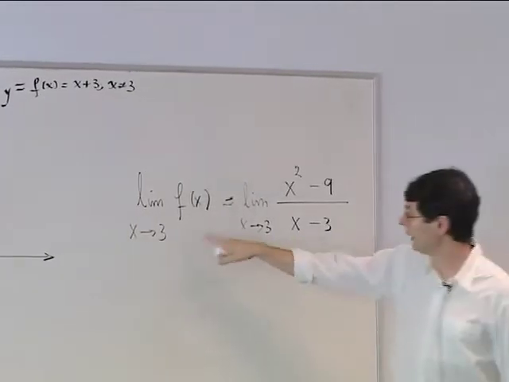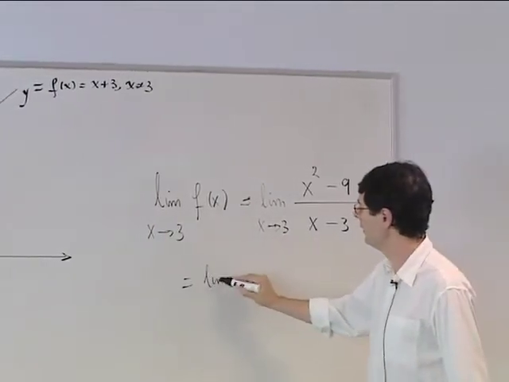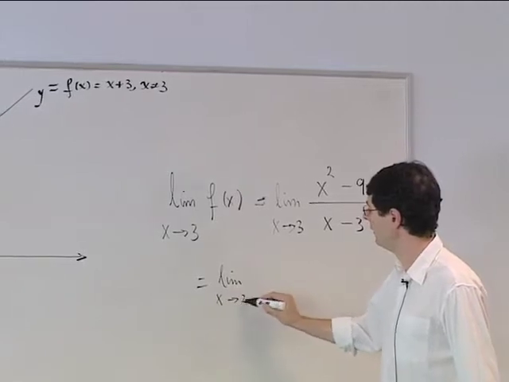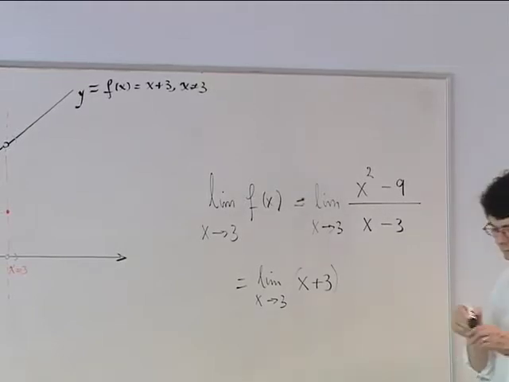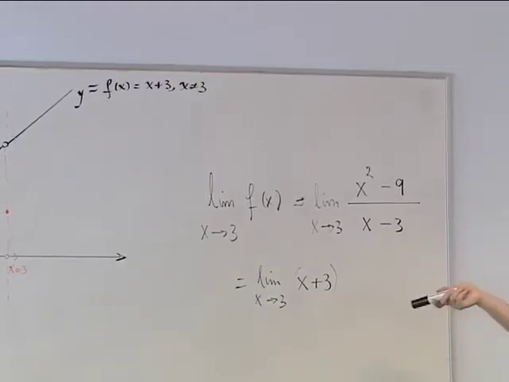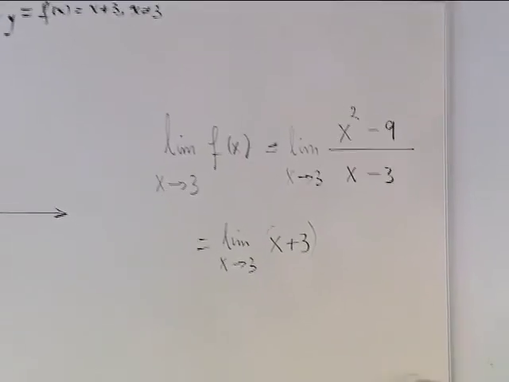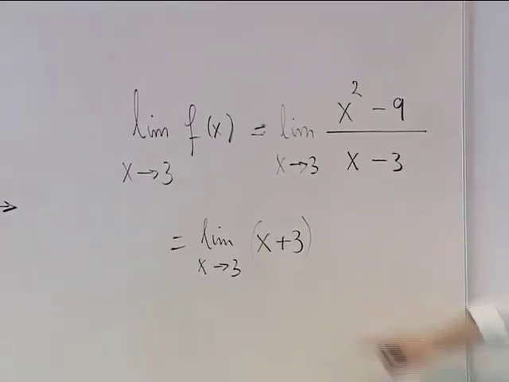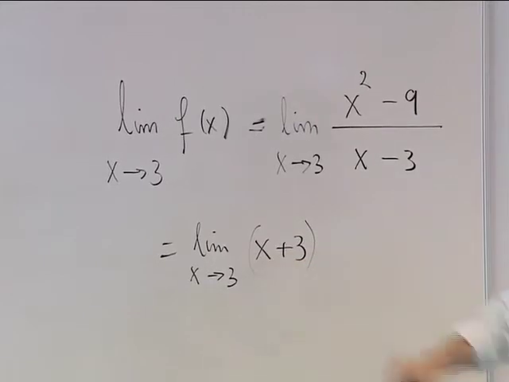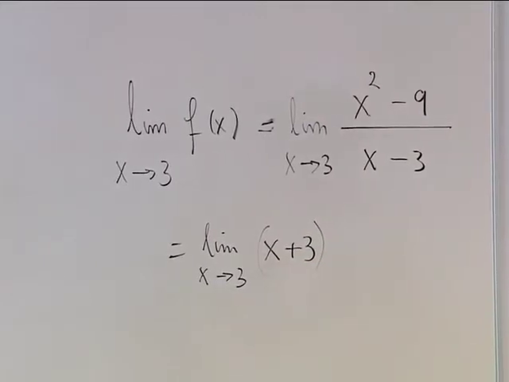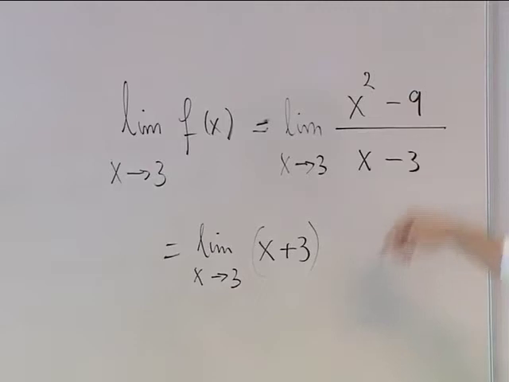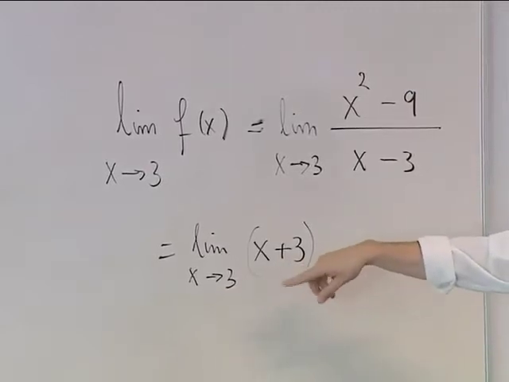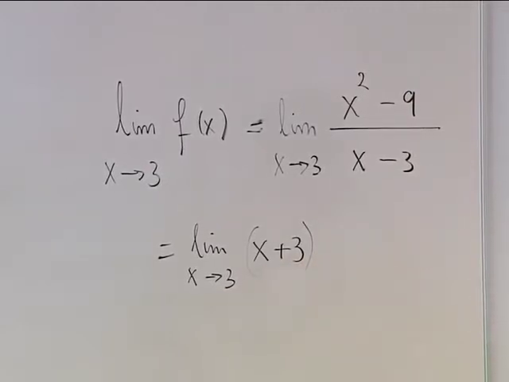Yes, because x is not allowed to be 3. And now, at this moment, something happens. I am allowed to substitute x equals 3, because I'm not dividing by 0. Here I wasn't allowed because it would be like dividing by 0. But here it's OK. So this is 6.